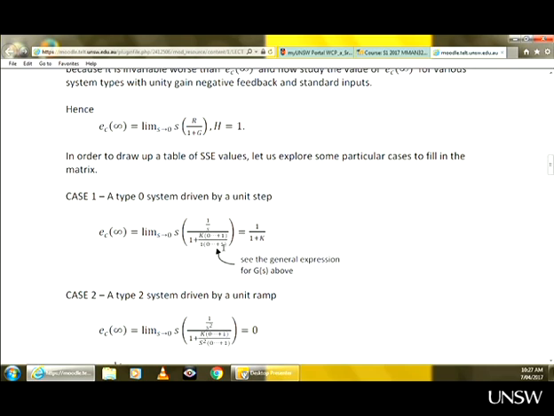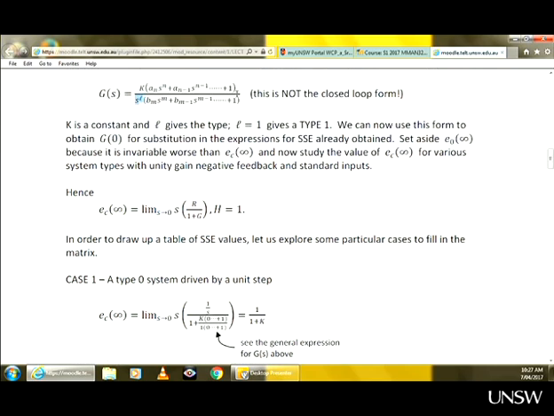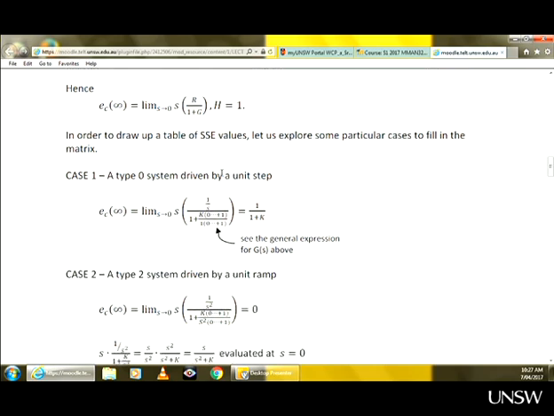S is 0 up here as well, everything is 0, apart from 1 and apart from K, obviously. So here we have K times 1, we have 1 times 1 here. So when you solve, the s here and 1 over s will cancel each other, so we have 1 over 1 plus K.